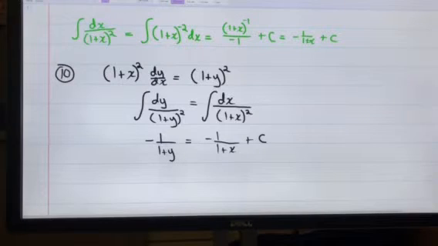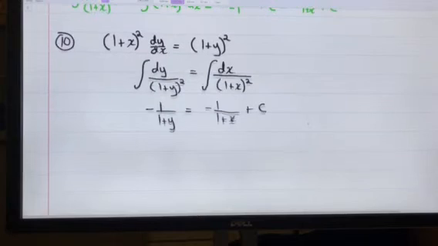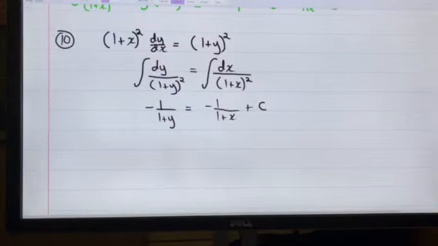In this case, I can change the sign of both sides. So I have 1 over 1 plus y is equal to 1 all over 1 plus x.